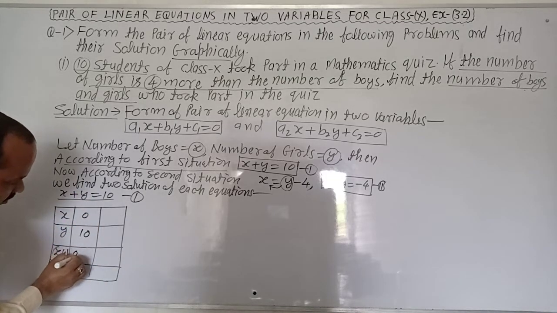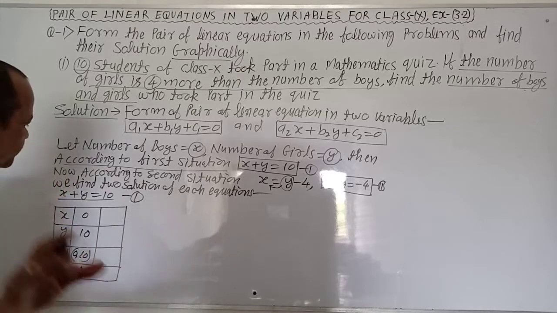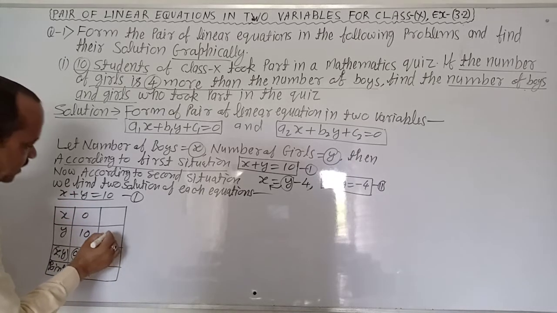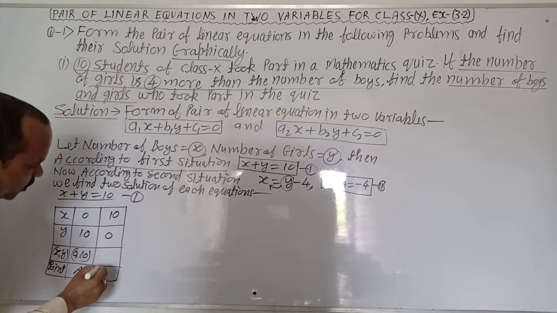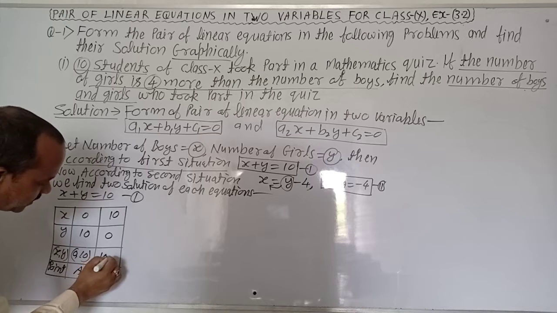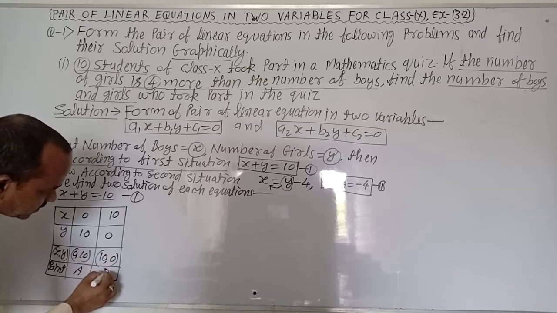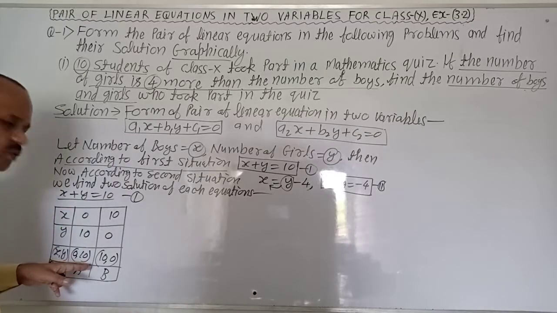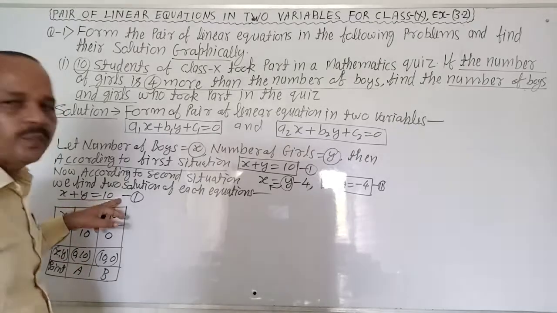It becomes the coordinate 0 and 10, point A. If you put the value of y as 0, then x is 10. Your coordinate is 10 and 0, point B. These are two solutions of the first equation.